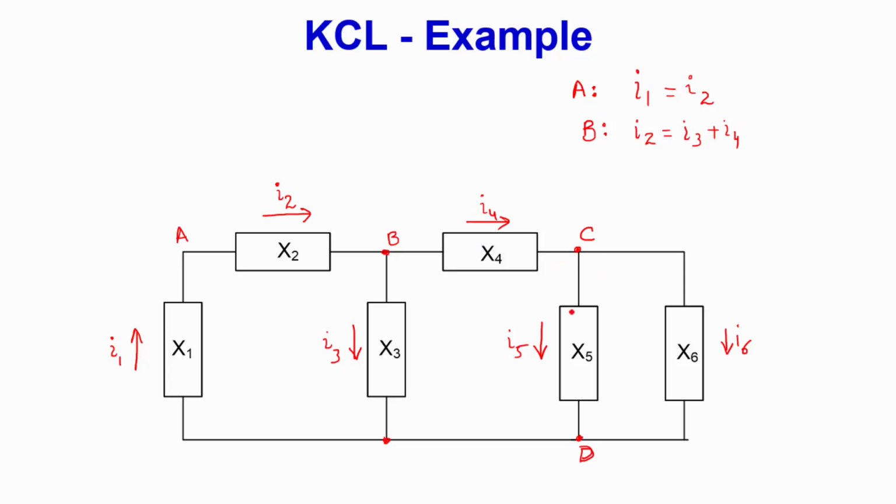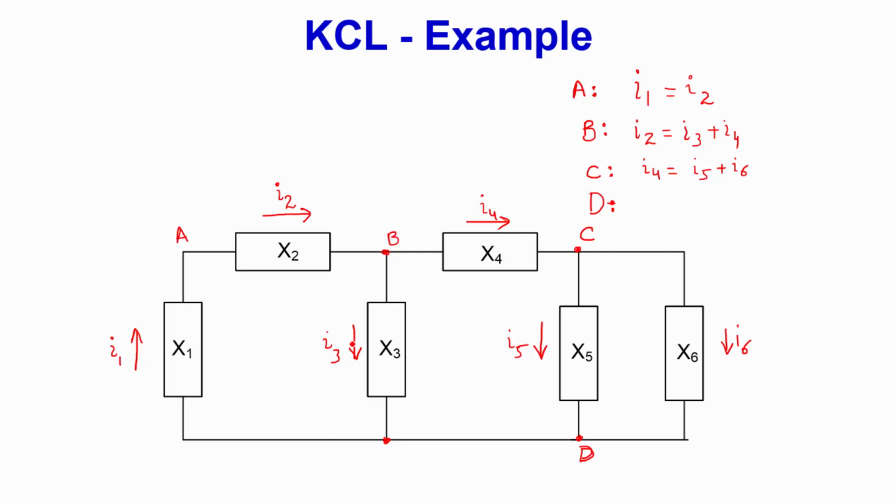So I4 is entering, I5 and I6 are leaving. So for node C, I4 is entering and I5 and I6 are leaving. So I5 plus I6.